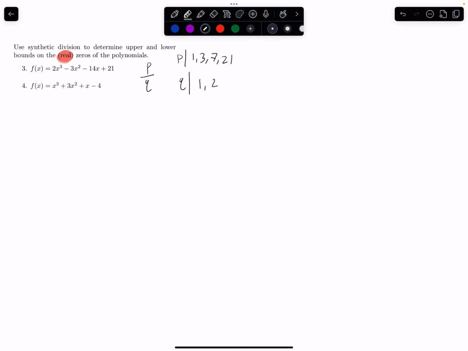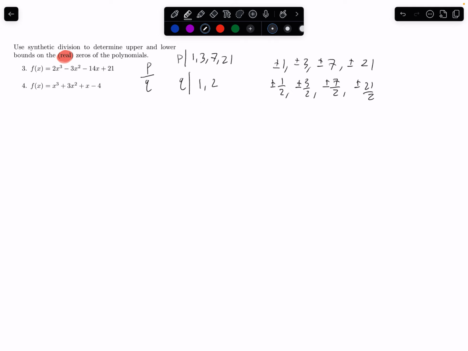So the possibilities are plus or minus 1, plus or minus 3, plus or minus 7, plus or minus 21, or any of those halves: plus or minus 1/2, plus or minus 3/2, plus or minus 7/2, plus or minus 21/2. Those are all possible roots.